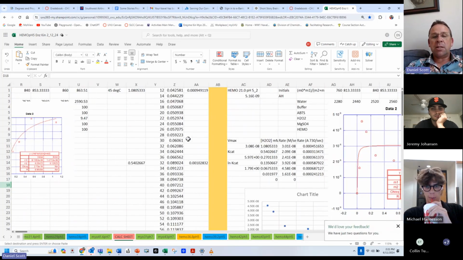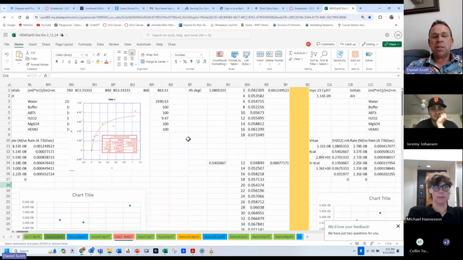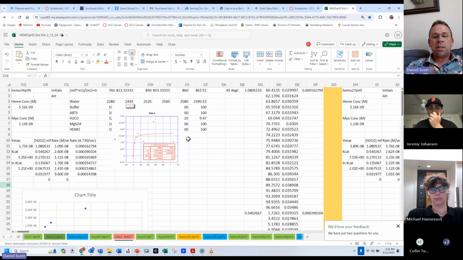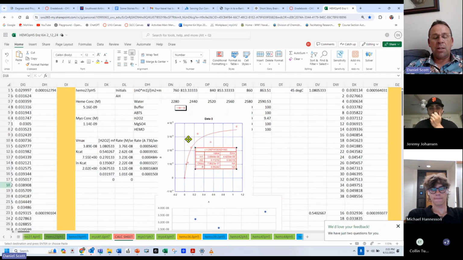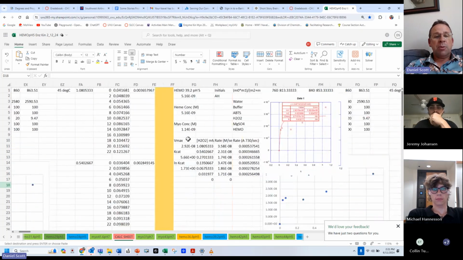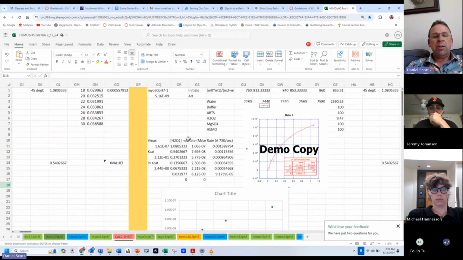Not everybody has been introduced on how to do this, and that's okay. We don't need everybody doing this. It doesn't take nearly as much time as data collection, so we need more hands on the data collection. But just for an example, let me try to find the Myo 31 pH 7.